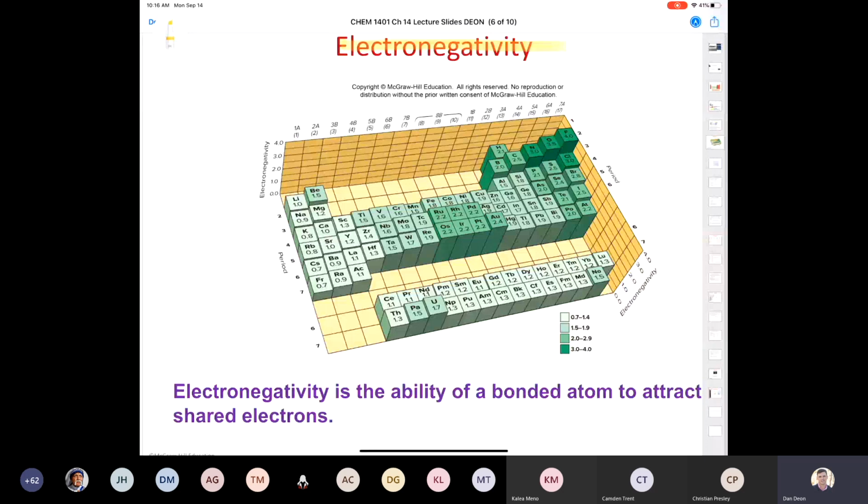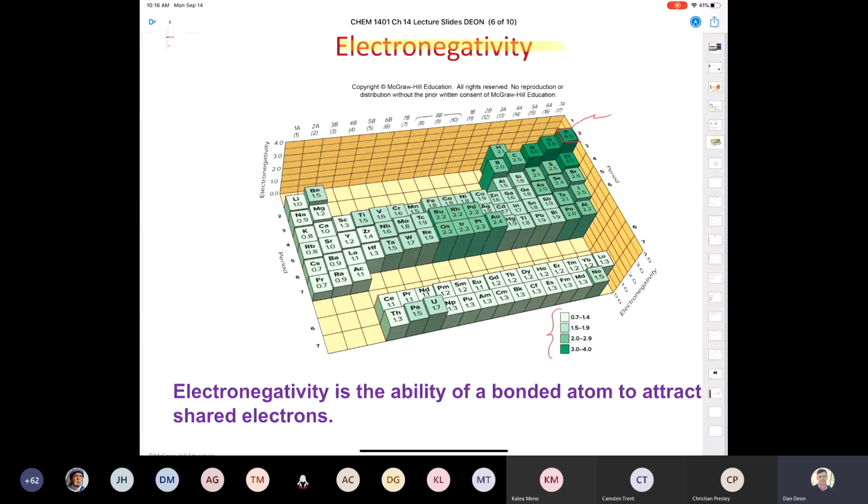And electronegativity, we have an electronegativity scale. There are several electronegativity scales. The one that most general chemistry textbooks use is what's called the Linus Pauling scale, or the Pauling scale, which was developed by Linus Pauling. And he assigned fluorine, which is the most electronegative element, a value of 4.0, and then he based everything else off of that.